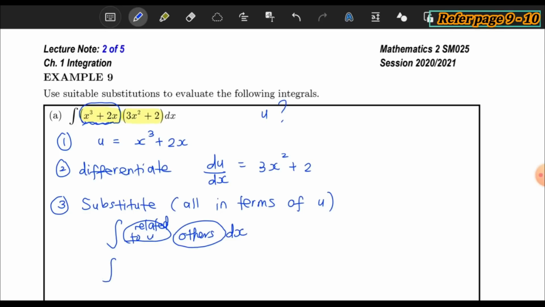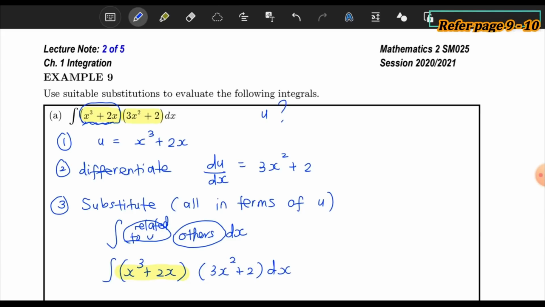I will write integrate x cubed plus 2x, which is the function related to u, and the next one is 3x squared plus 2 dx. So this is the other function.